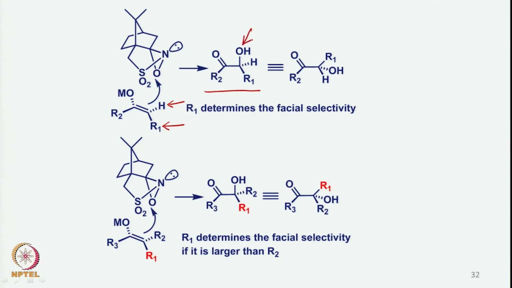the top. As one can see, this is the same as this. That means we just turn it in such a fashion that the R1 group goes on the top, and the hydroxy group will come at the bottom.